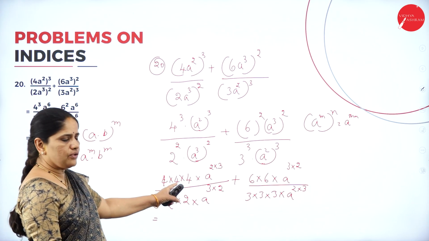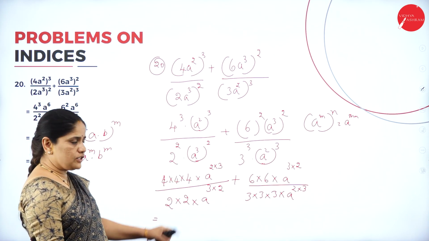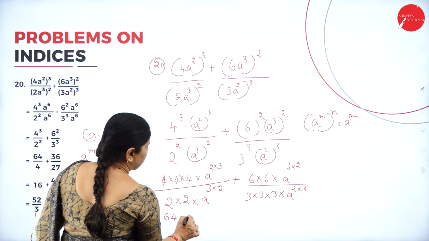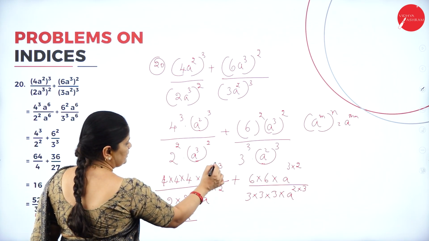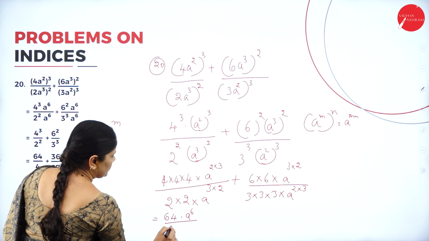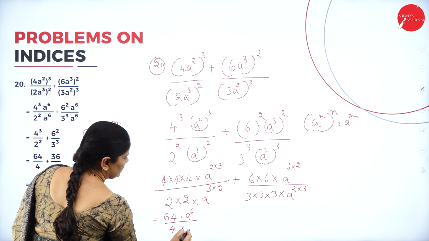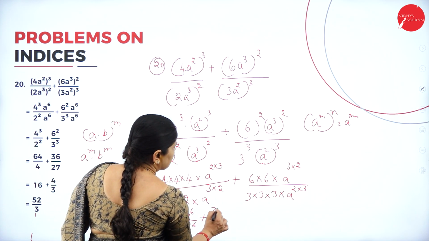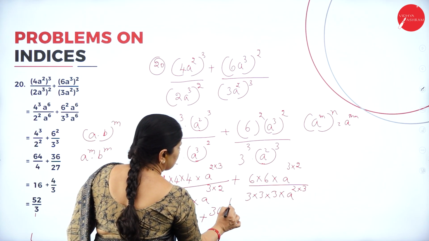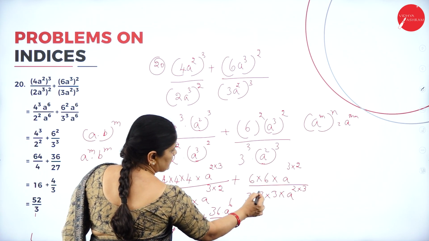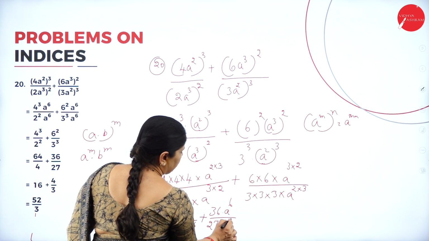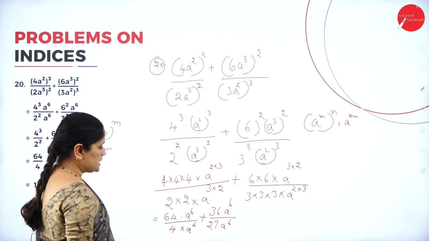So, 4 into 4, 16. 16 into 4 is 64, into a to the power 6. So, 2 into 2, 4 into a to the power of 6 plus 6 6s are 36 into a to the power 6. So, 3 3s are 9, 9 3s are 27, into a to the power 6.